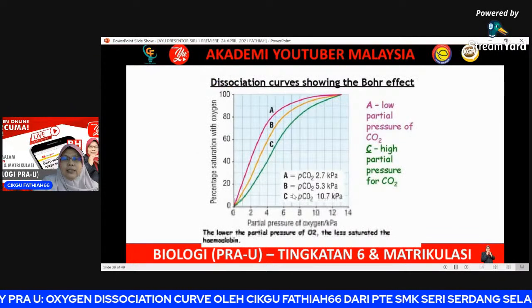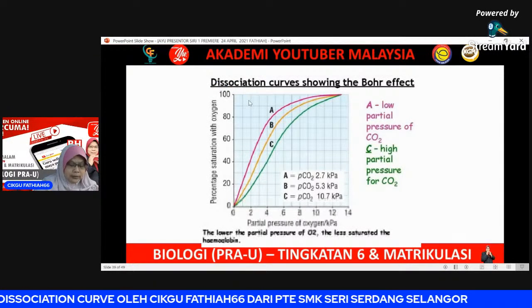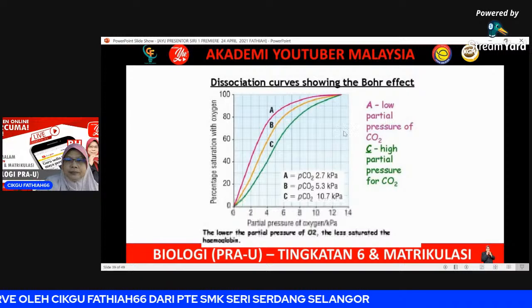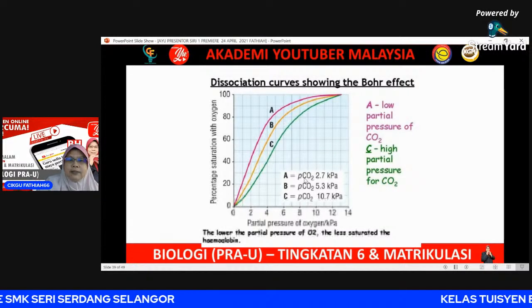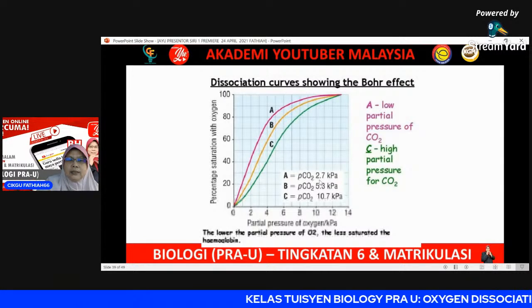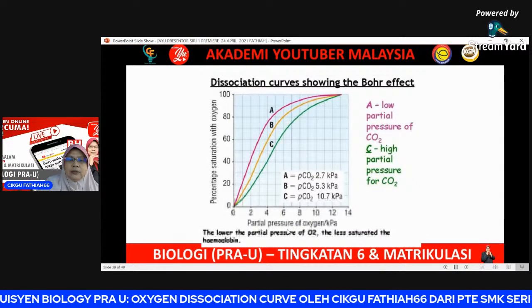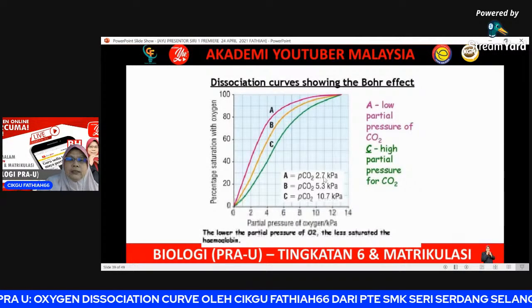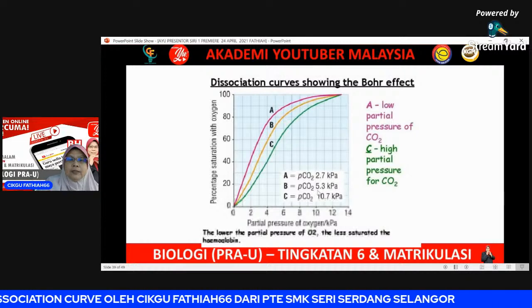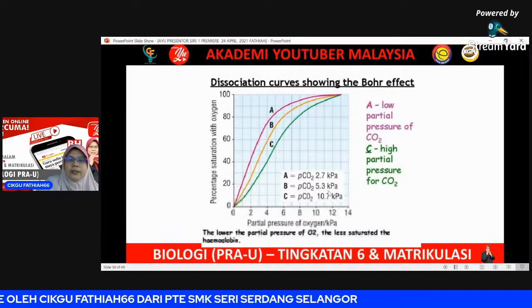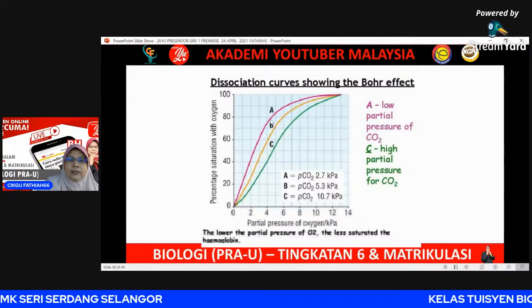So this diagram shows the Bohr effect. Curves A, B, and C have different partial pressures of carbon dioxide: A 2.7, B 5.3, and C 10.7 kilopascal. The unit here is kilopascal for the partial pressure of carbon dioxide and oxygen.